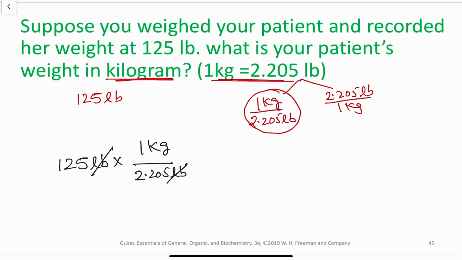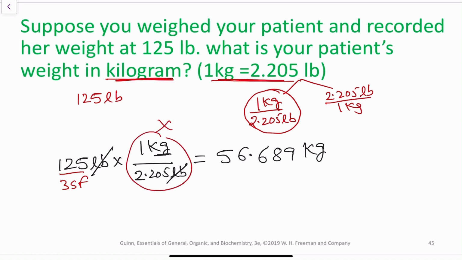lb is cancelled because they are the same unit up and down, and when you divide these two numbers, you're going to get 56.689 kg, because this is the only unit left, right? How many significant numbers should we have in our answer? It has 3 significant numbers. We cannot use the significant count from this 1 kg equal to 2.205 lb, because they are exact numbers, right?